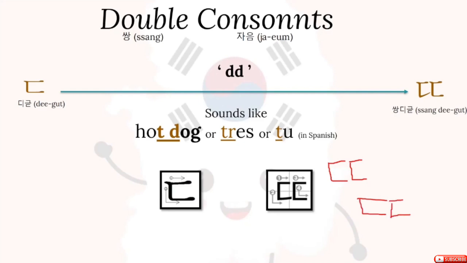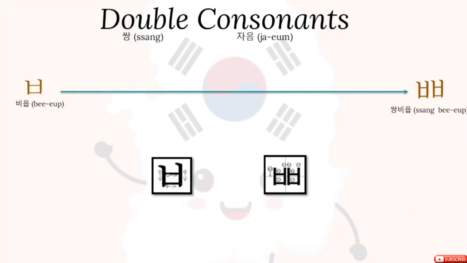Excuse my handwriting. 1, 2, 3, and 4. Okay, that's 쌍디귿.